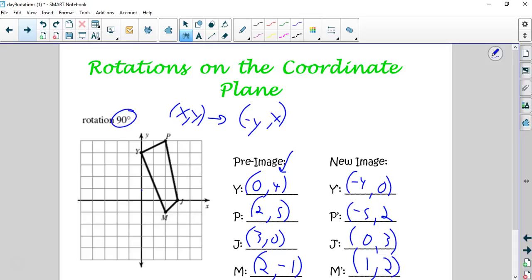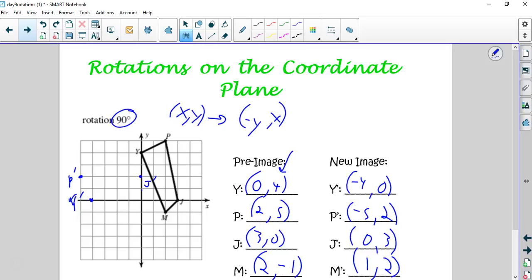So here we go. -4, 0. There's Y prime. P prime, -5, 2. Zero, 3. J prime.